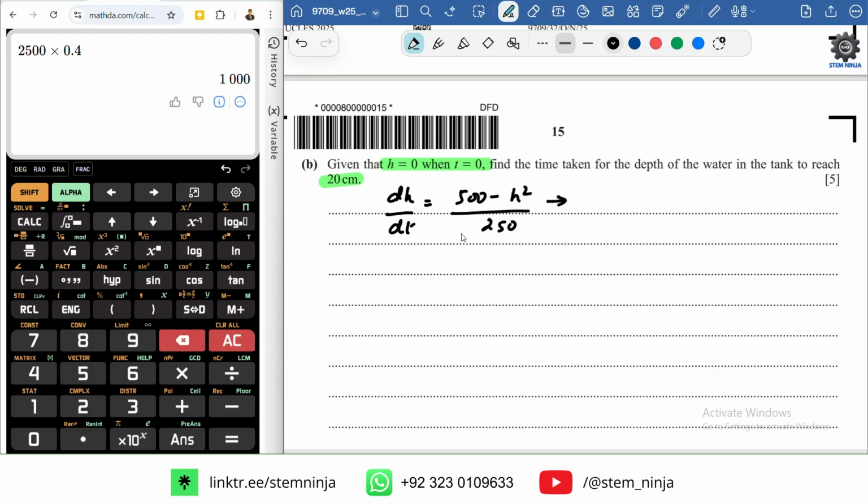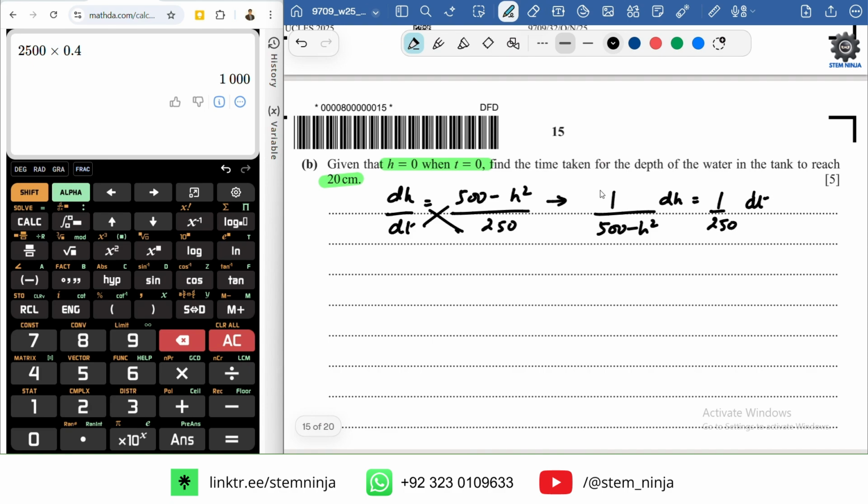So when we cross multiply and separate, this would be 1 over 500 minus h squared dh equals 1 over 250 dt.